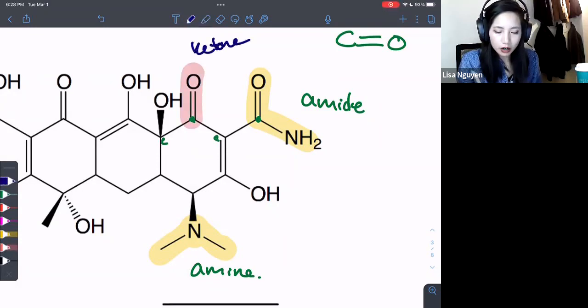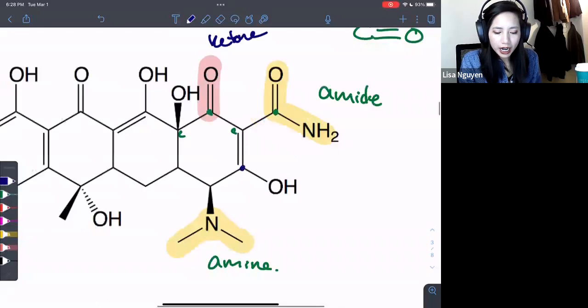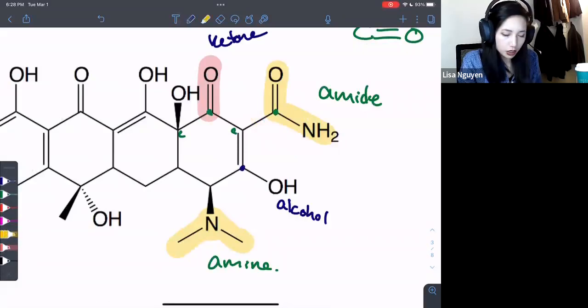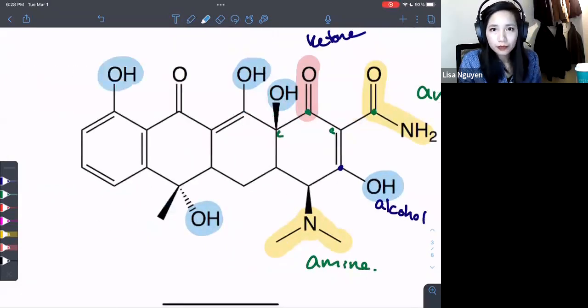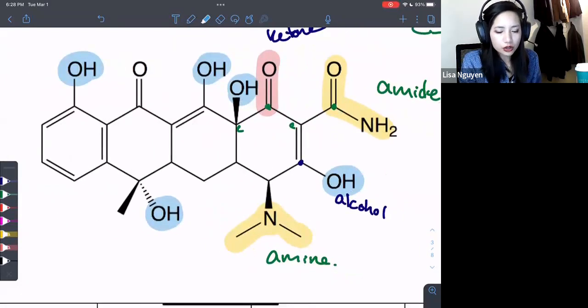All right, so we've got our amide, our ketone, and we have an alcohol, there's our OH. Actually, we have a bunch of alcohols here, so let me get a different color. There's an OH here, OH there, and an OH there. So you can determine what type of alcohol it is.